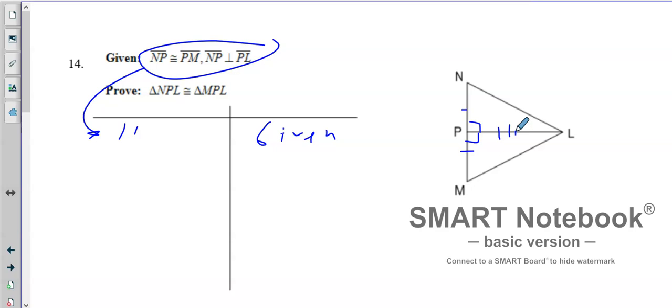So I'm going to say that those are right angles.